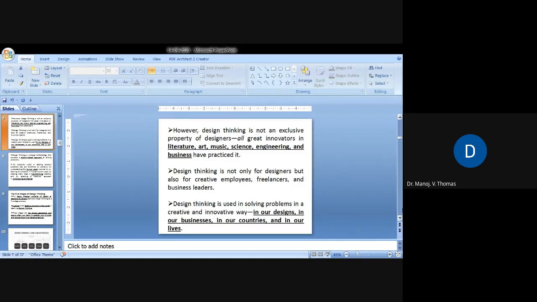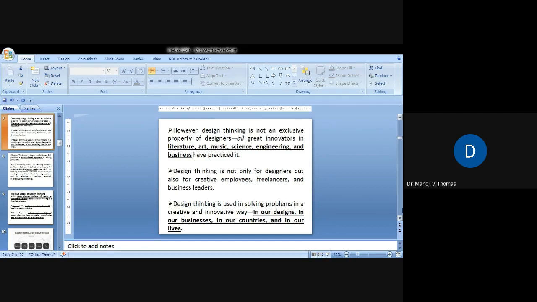So this design thinking can be used in different fields such as literature, art, music, science, engineering, and business. Not only for designers but also for creative employees, freelancers, and business leaders. So everywhere in our designs, in our businesses, in countries, and in our lives, everywhere design thinking can be used.